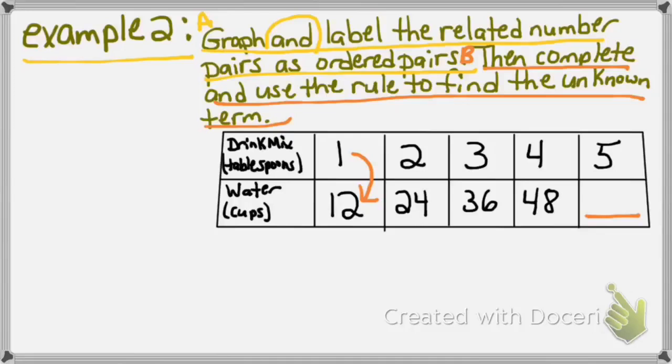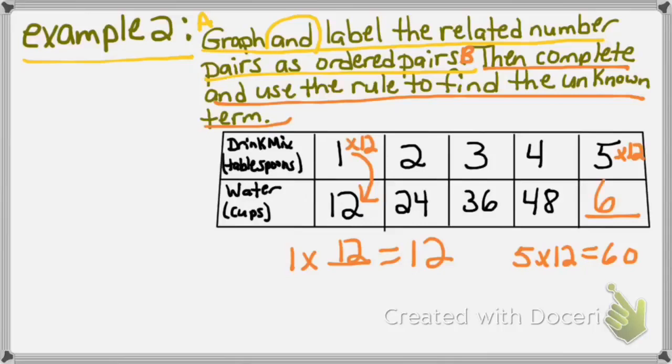Well, I need to make it larger, so that's going to be a multiplication. So I say 1 times what equals 12. Well, I know that 1 times 12 equals 12. So I go back into my table, and if 1 times 12 equals 12, I can move to the end and I can say 5 times 12. And 5 times 12 equals 60, so my missing number will be 60.